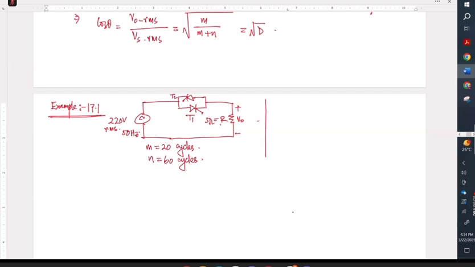So if we redraw the waveform, suppose this is my omega t, we are having some sine wave and it is continued. And then again, we have another sine wave like this. So it is turned on for how many cycles? 20 cycles. And it is turned off for how many cycles? 60 cycles.